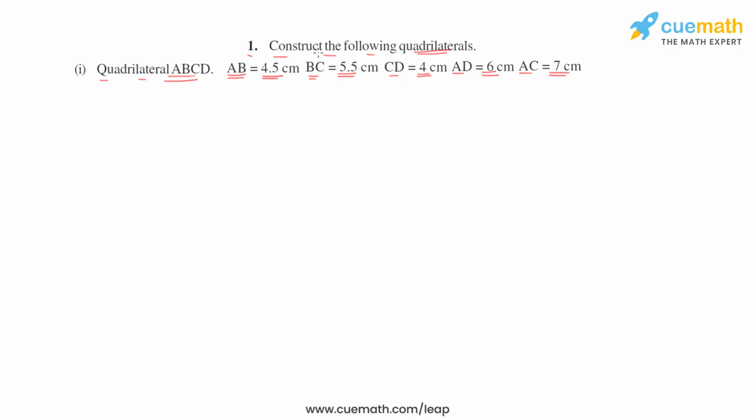It is given that AB is 4.5 centimeters. Let's say this is AB, then BC, then AC, then CD.